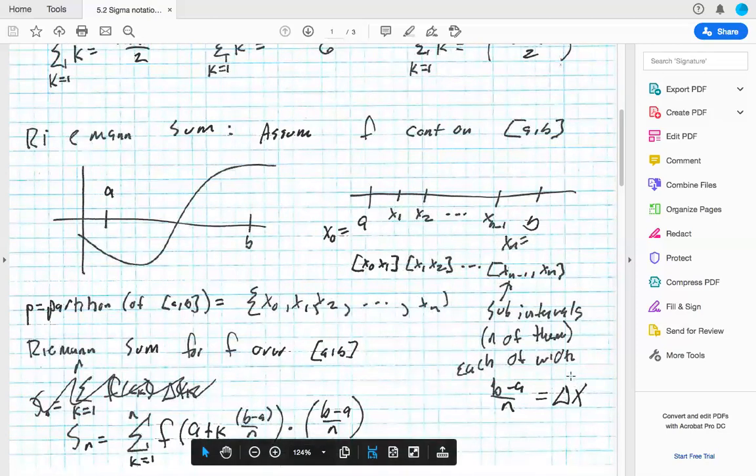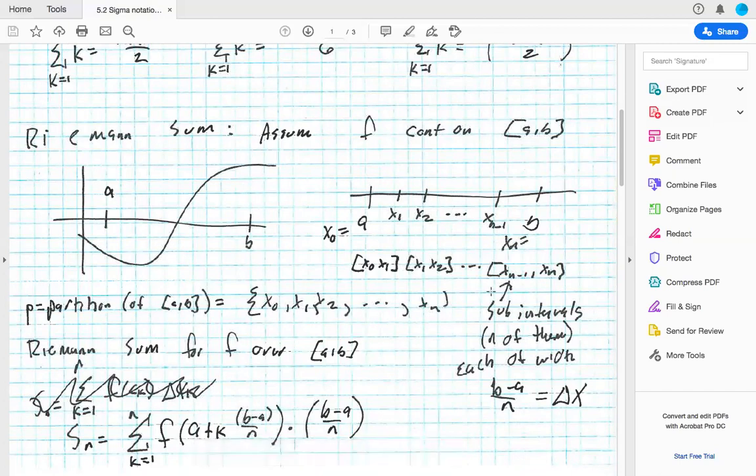If we do that, when we talked yesterday, our little delta x, our little equal width subintervals, we always take the end point minus the starting point, b minus a over n. That's going to be our delta x. So right here, a, this endpoint right here, is going to be our x sub 0, our first one. If we move a little delta x over, that's going to be our x sub 1.